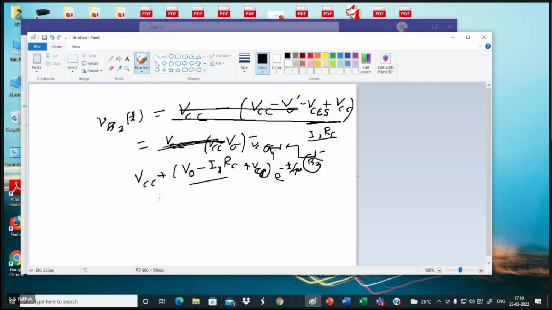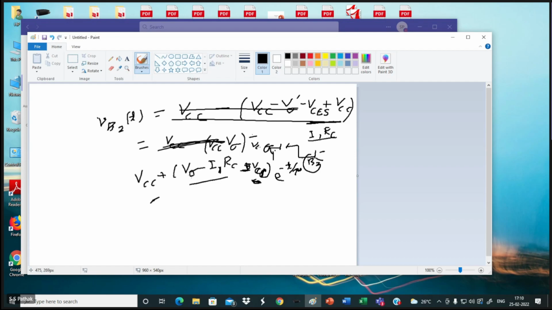This VCC is VB2F. But there has to be a negative sign there. VB2F would come as a negative. And VB2F is coming as VCC. So that becomes your minus VCC. Yeah, it's okay. This is your V sigma, I1RC, minus VCC. It's okay. This is minus VCC. It's okay, fine. Is it okay?